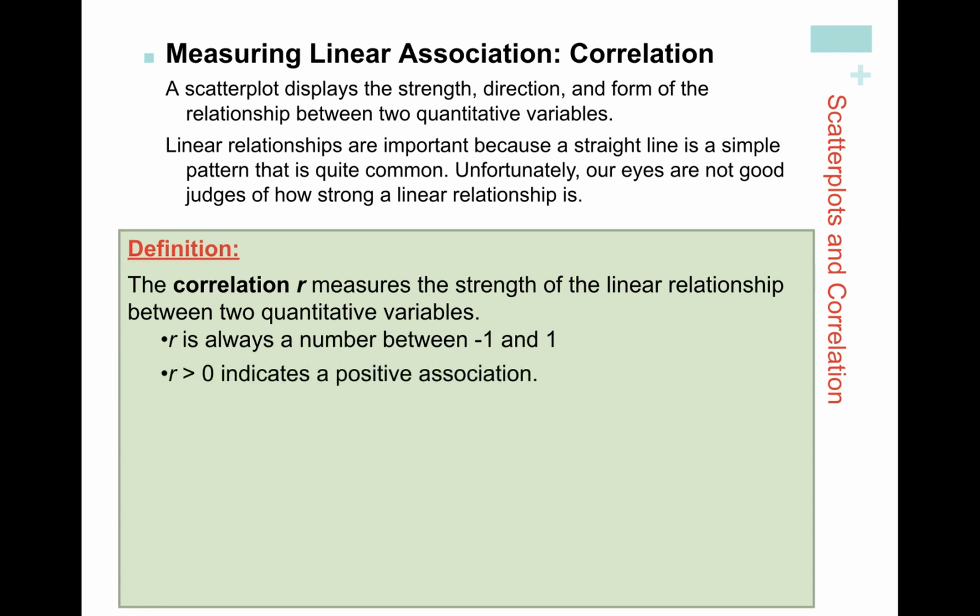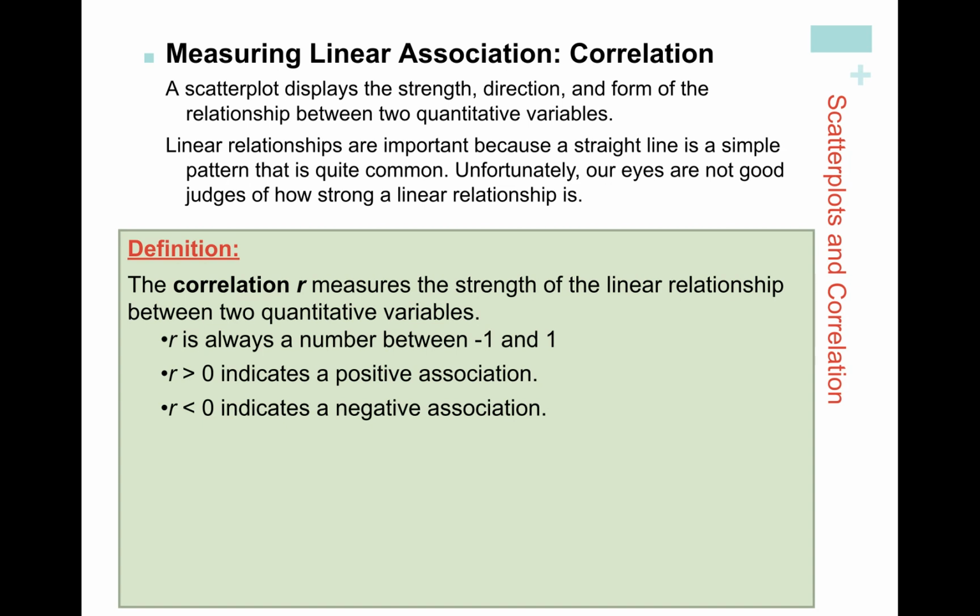When r is greater than 0, when r is positive, it indicates that the association is positive. What did positive mean? It meant as x increases, y also increases. When r is negative, it indicates that there's a negative association. As x increases, y decreases.